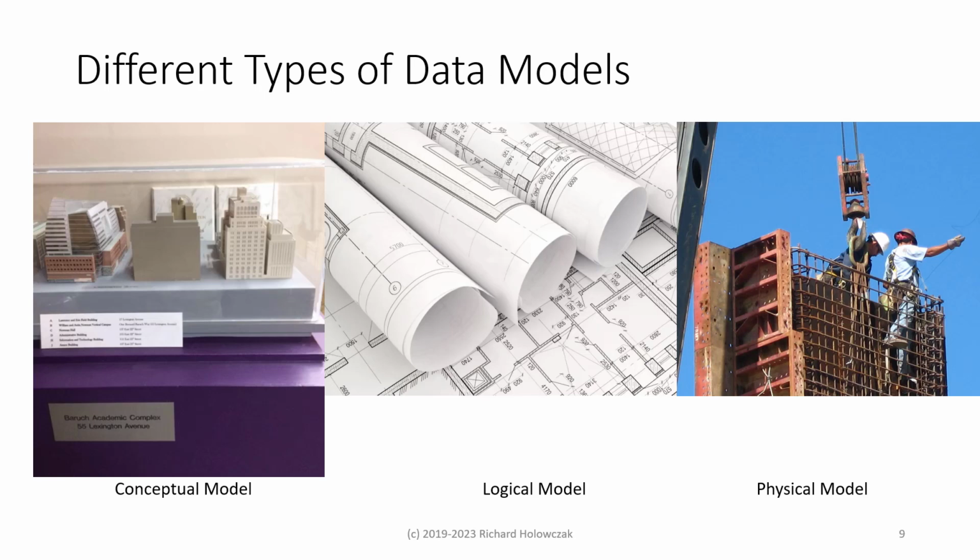I mentioned three types of models, what we called conceptual, logical, and physical. And so I wanted to provide an analogy so that you can see a little bit about what direction we're headed in. So my story is, when I first came to Baruch College, the vertical campus did not exist.